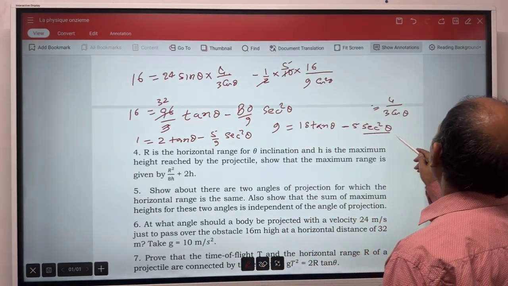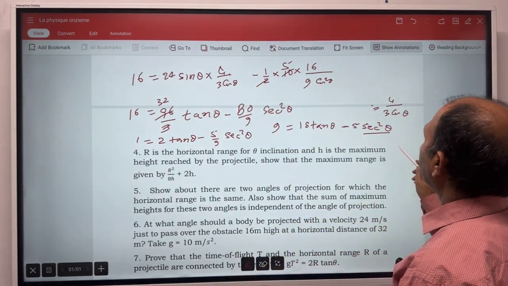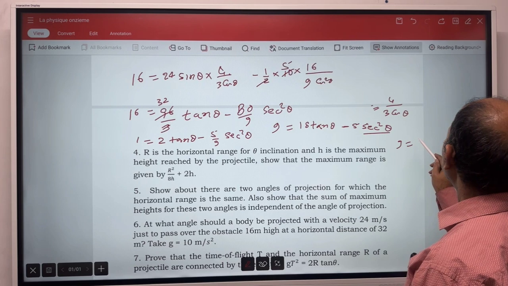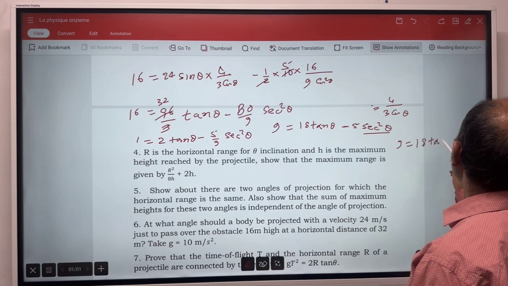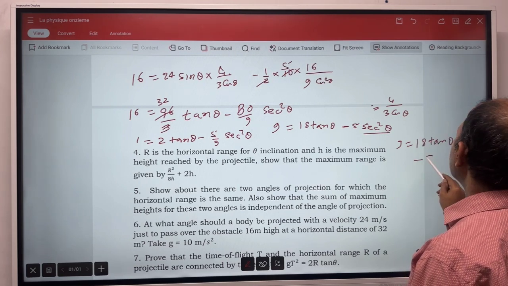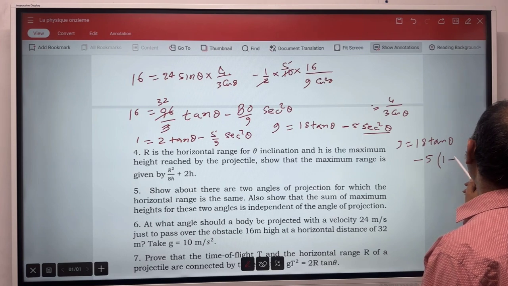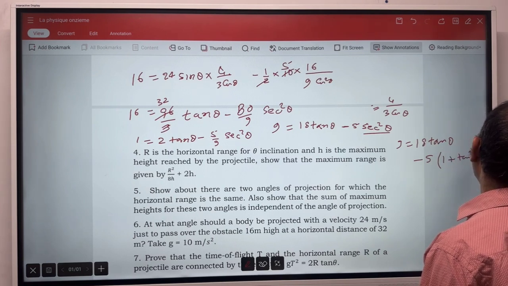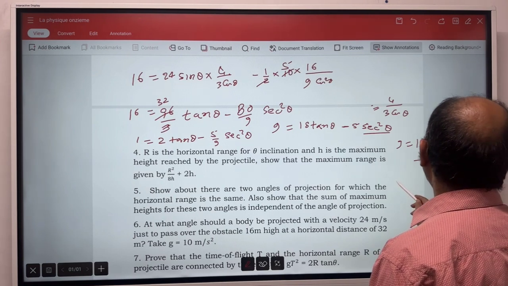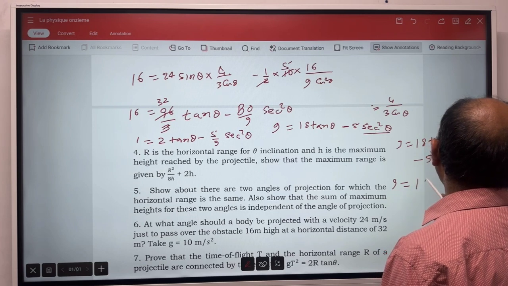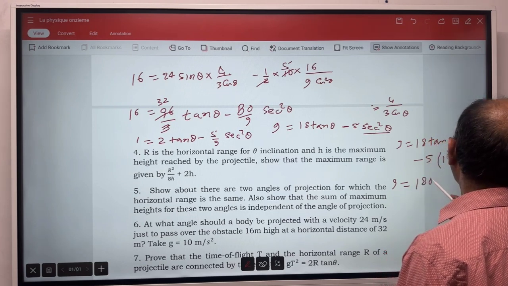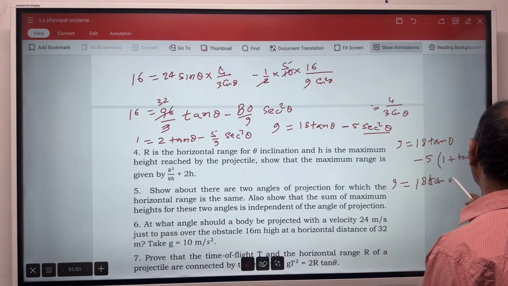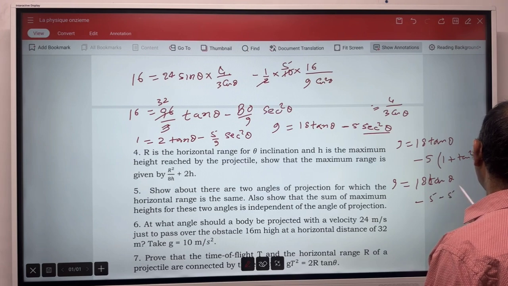Now sec theta can be converted into tan theta. So 9 equal to 18 tan theta minus 5 times 1 plus tan square theta. Further we can simplify, 14 equal to 18 tan theta minus 5 tan square theta.